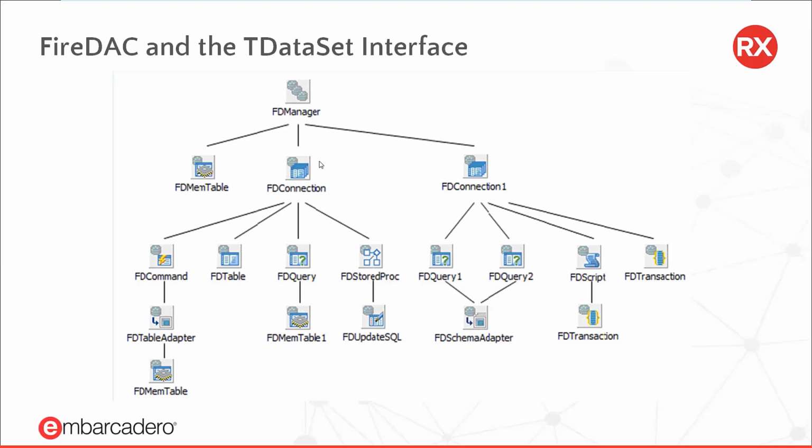Most applications are going to only have one FDConnection, and that connection will connect your application to a particular database. If you have multiple databases that you need to support, you'll have more than one FDConnection. And if you need multiple connections to the same database, such as in a multi-threaded application, you will also have multiple FDConnections. Essentially, you'll have one FDConnection for each thread.